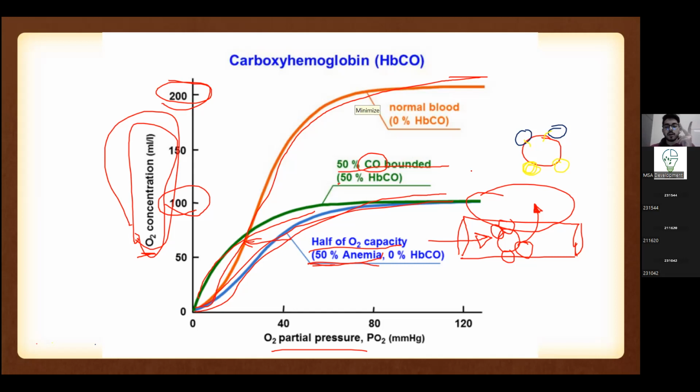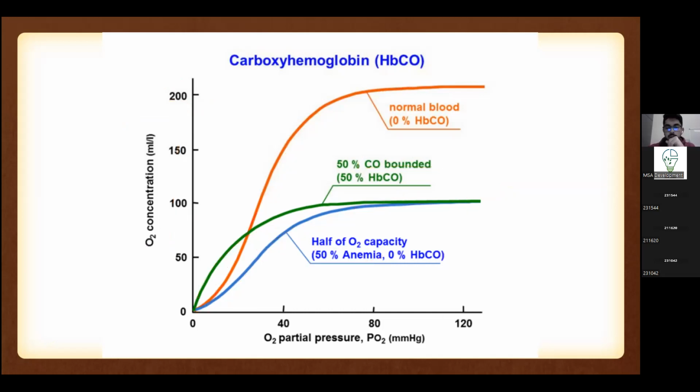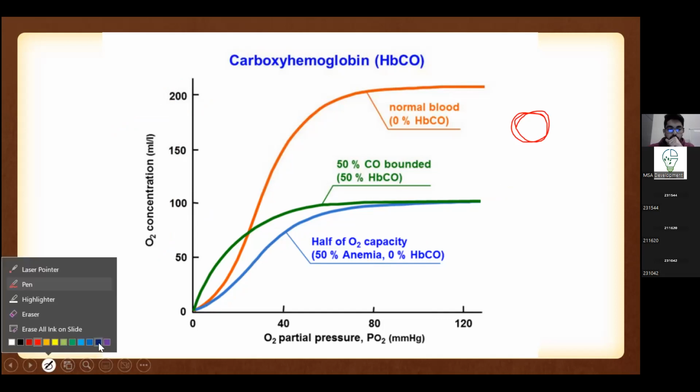The first one is that it's going to bind in the place of O2 on the hemoglobin. Therefore, you are going to have a decrease in saturation. The second reason is, let's say again, this is the hemoglobin molecule.